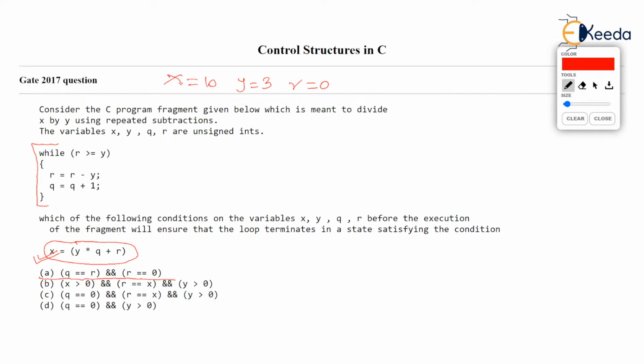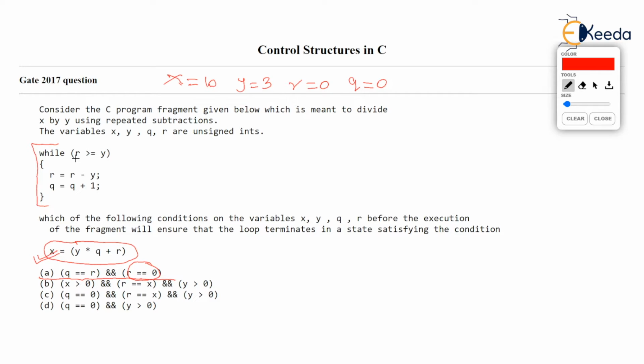And q should be r, correct? So q should be 0 because r is 0, isn't it? So let's try to run the while using these values, and straight away you will see this is out of sense. Option A cannot be the option.